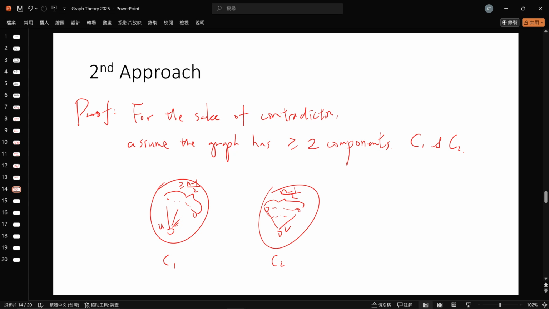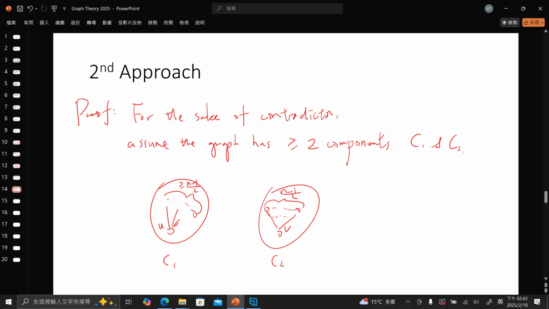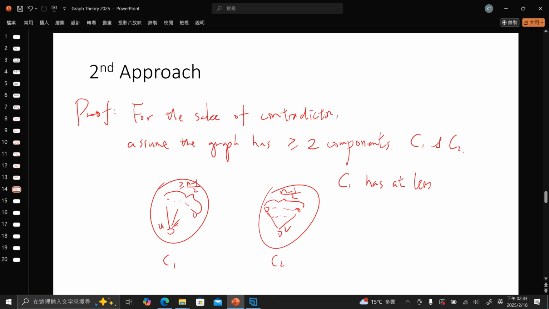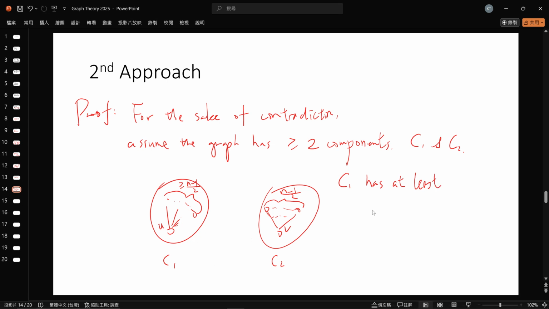And similarly, how many vertices are there in C2? So now C1 has this vertex U, okay? And U has (n minus 1) over 2 neighbors.